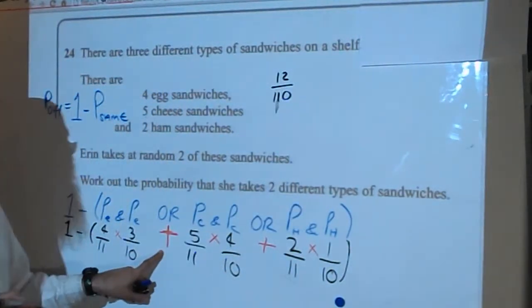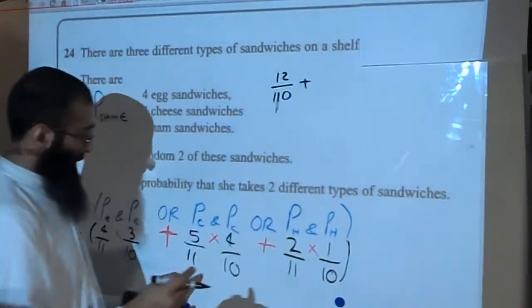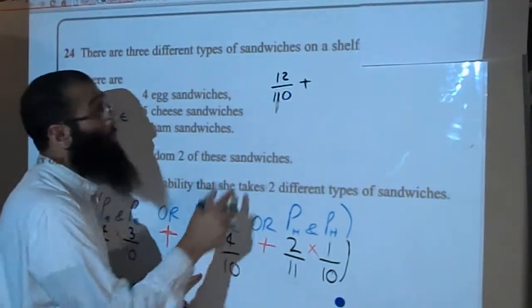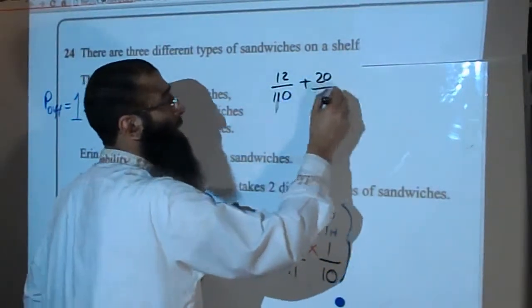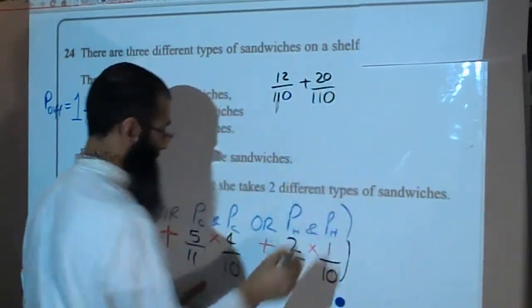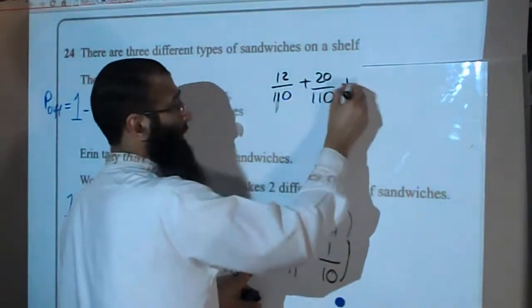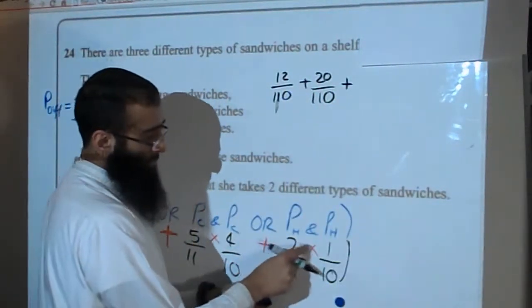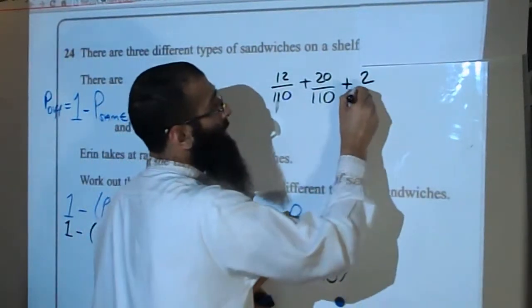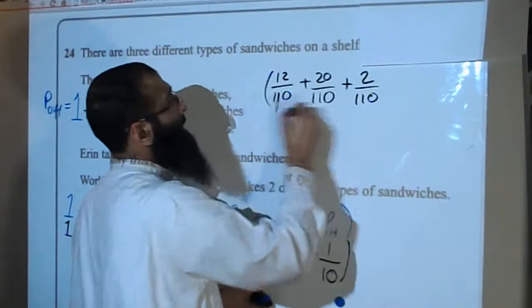Then we can add to that this one: 5 over 11 times 4 over 10. 5 times 4 is 20, 11 times 10 is 110 again. The next one, plus 2 times 1 is 2, 11 times 10 is 110 again.